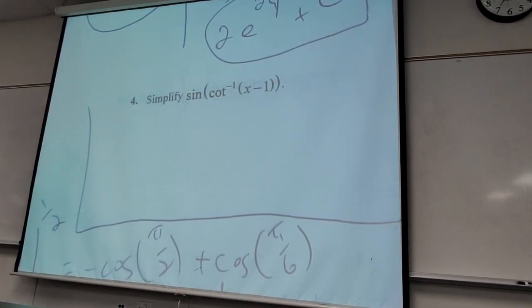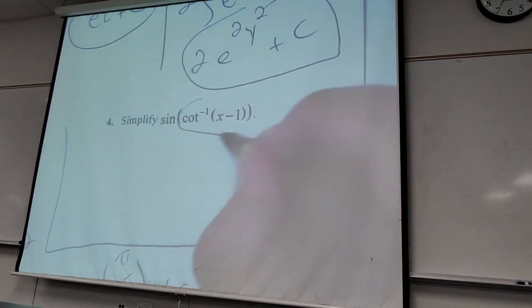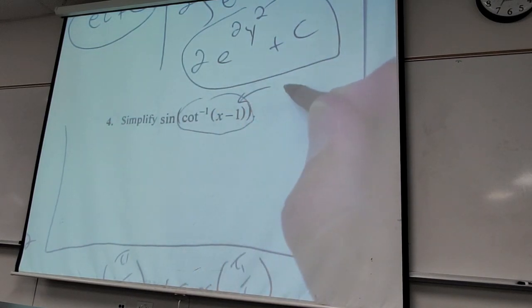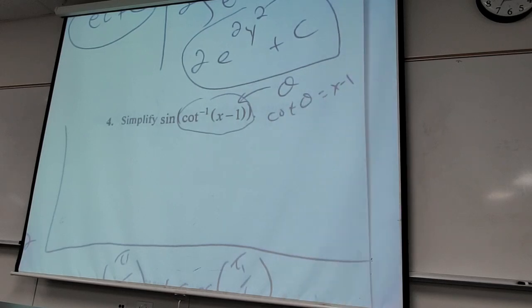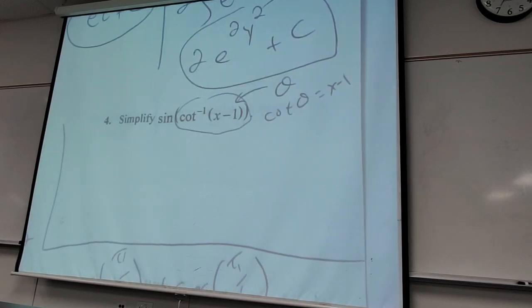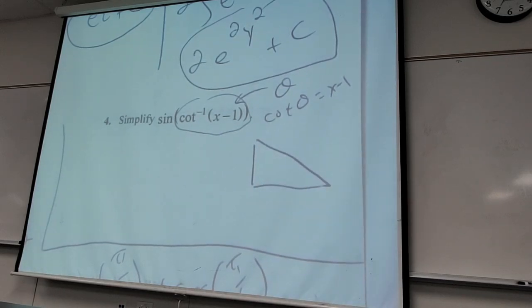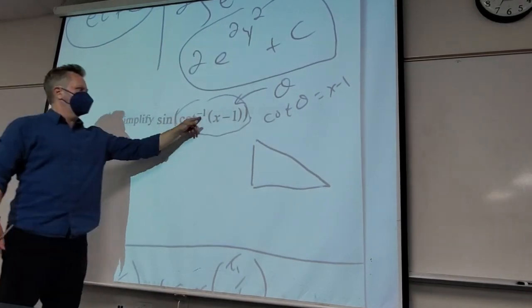Stay with me. This represents the angle where the cotangent is x minus 1. That's what that means. Can I draw that triangle? I can draw a triangle and label it given any inverse trig statement.